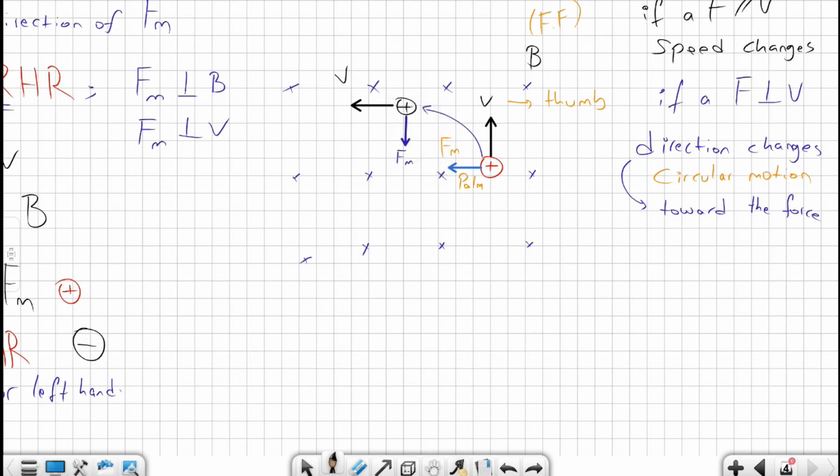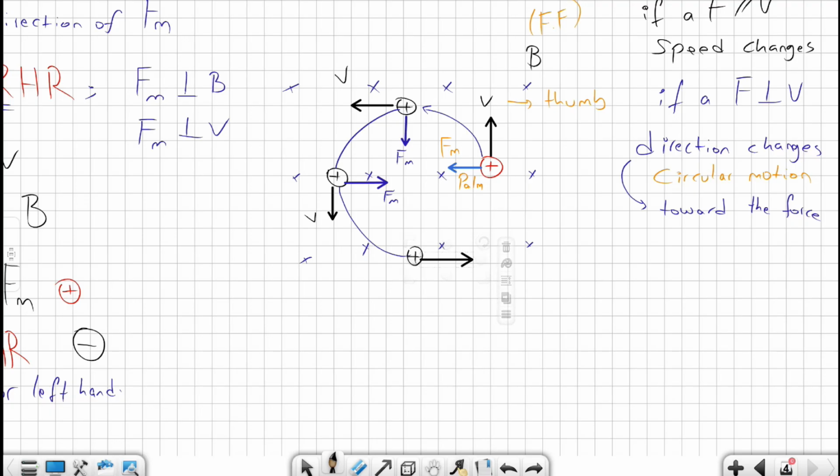Again, it will change the direction of the velocity toward downward this time until the direction of the velocity becomes downward. At this moment, if we use the right hand rule again, we will see that the palm is to the right side this time, and it will change the direction of the velocity toward the right side until the velocity becomes toward the right side.